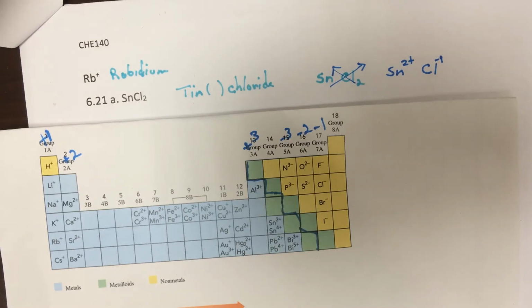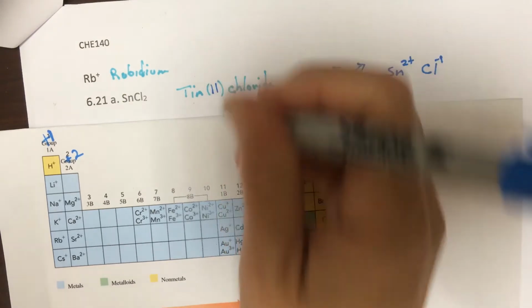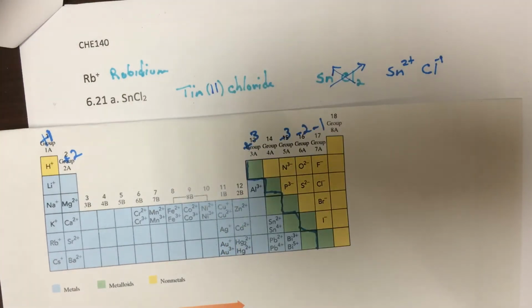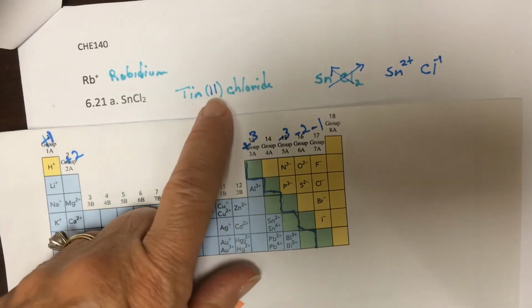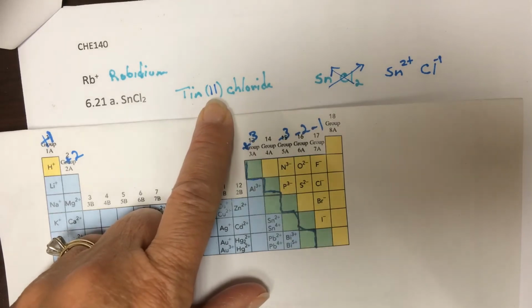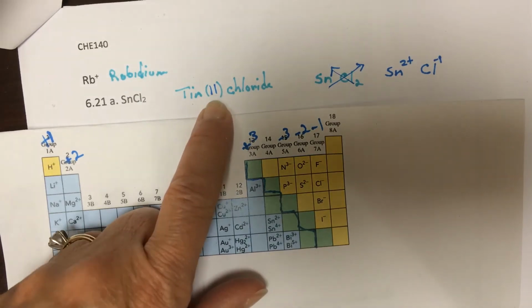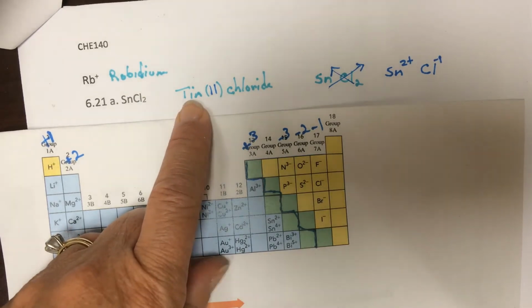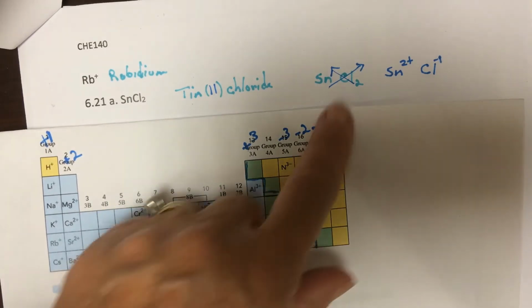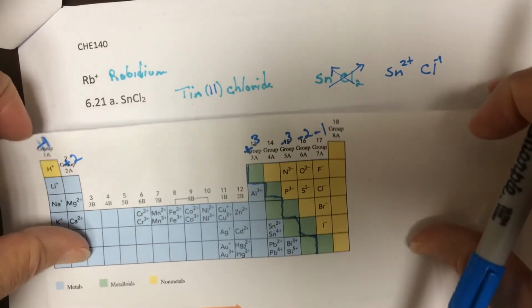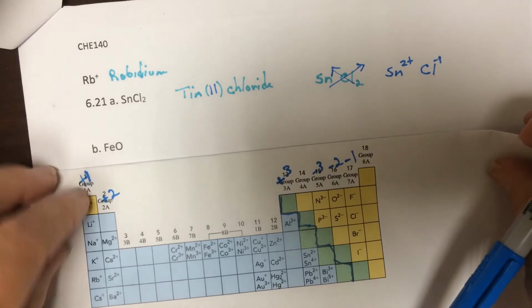Okay, you see how I did that? And now we'll put our Roman numerals in. We've got a tin with a charge of 2. Remember, the Roman numeral does not tell how many tin ions there are. It tells the charge on the tin, how many positive charges. These will be positive.